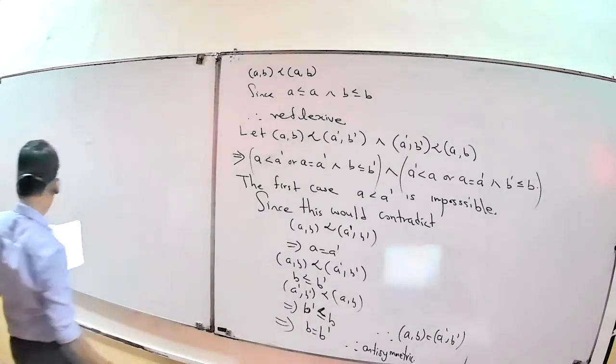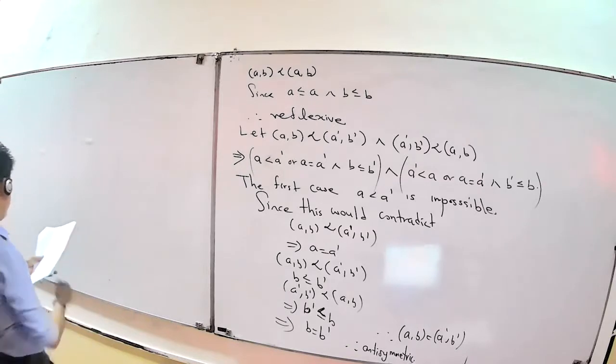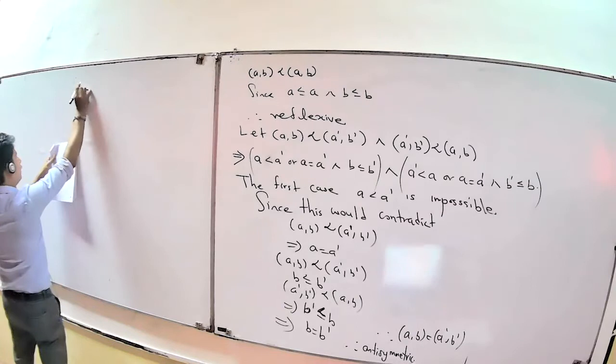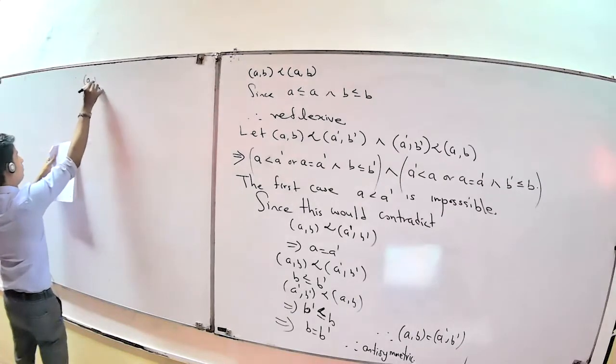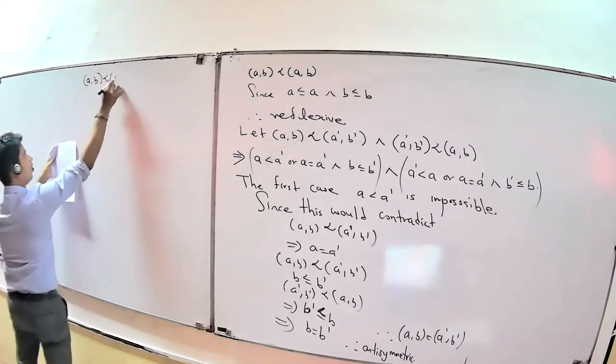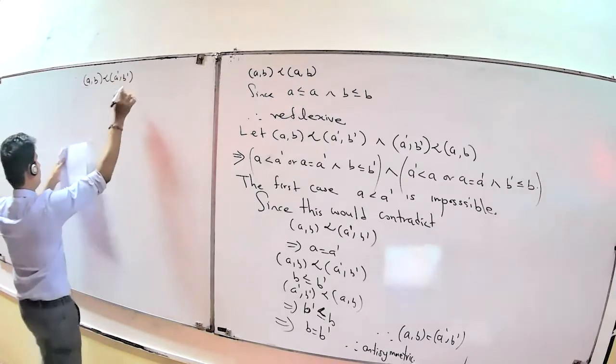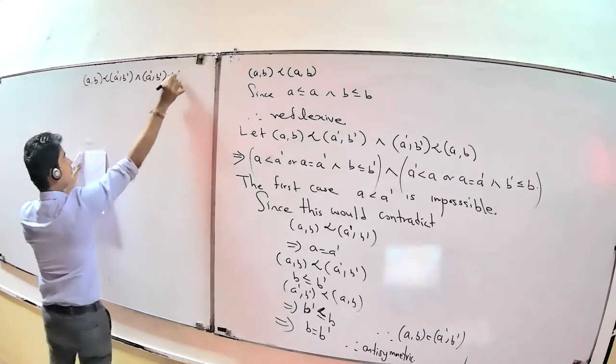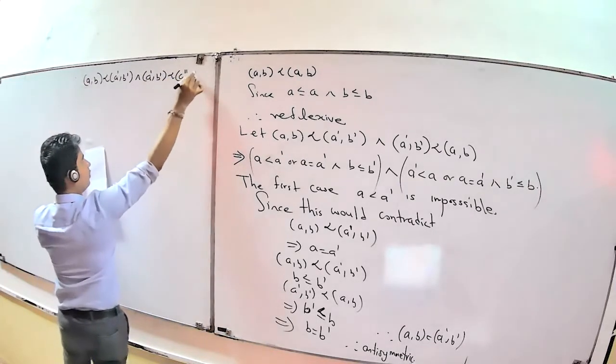For the transitive case, we have four cases. Suppose you take A comma B, A dash B dash, and A dash B dash, A double dash B double dash.